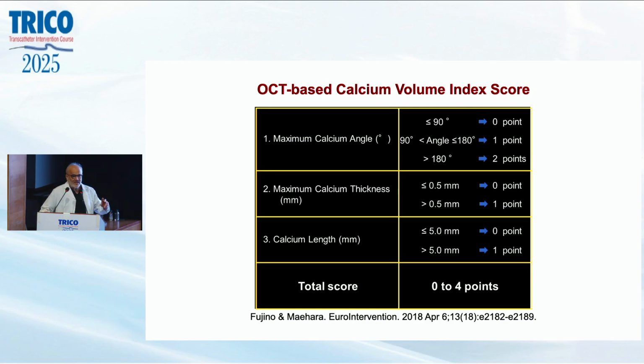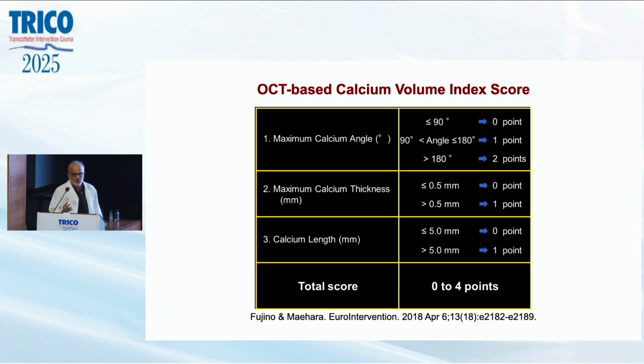Calcium angle less than 90 degrees is 0, 90 to 180 is 1, and more than 180 is 2 points. Calcium thickness more than 500 micron is 1, less than 500 is 0. And of course calcium length more than 5 millimeter is 1.